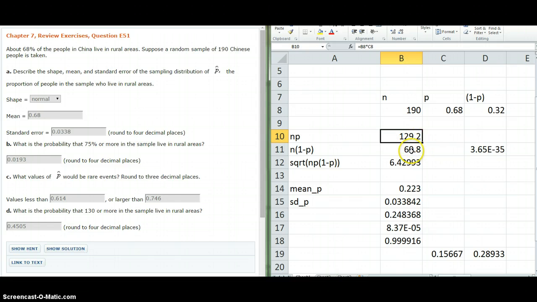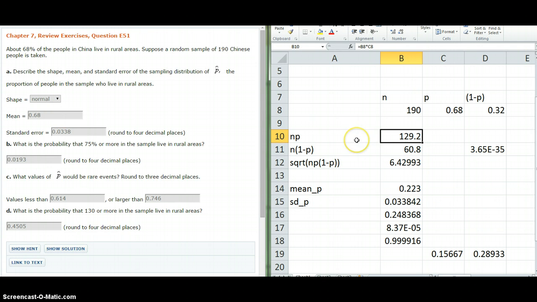I noticed that both NP and N times 1 minus P are over 10, so I can assume a normal distribution that's going to have this standard deviation here in terms of number of people from rural areas. So the shape is normal because NP and N times 1 minus P are both greater than 10.